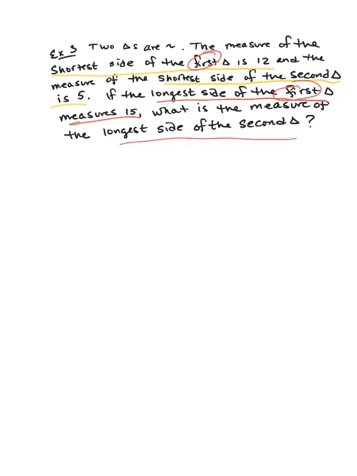So all you're going to be doing here is using CSSTP, corresponding sides of similar triangles are in proportion. So we're going to have first triangle to second triangle. You have to set it up. So we have shortest to shortest, right? So that's going to be 12 to 5.